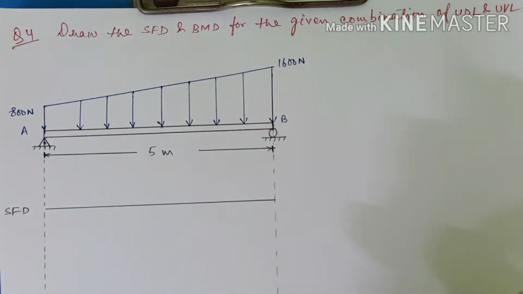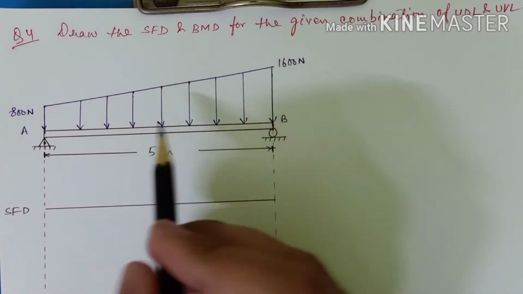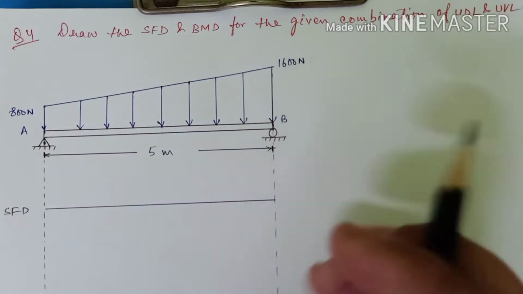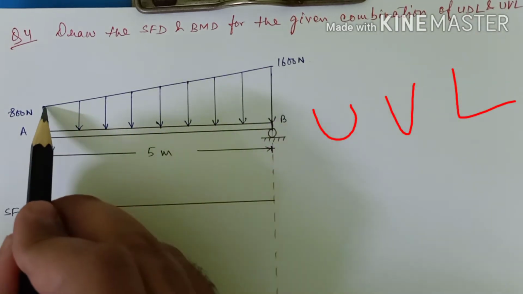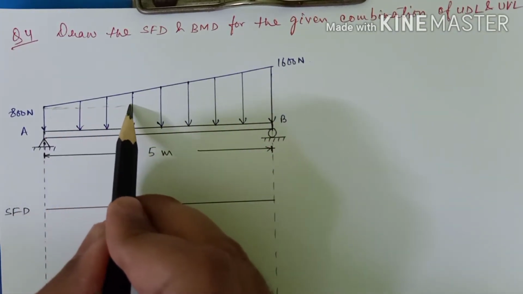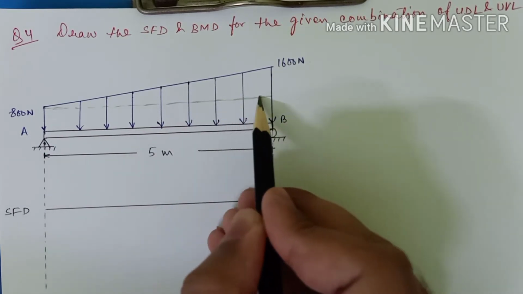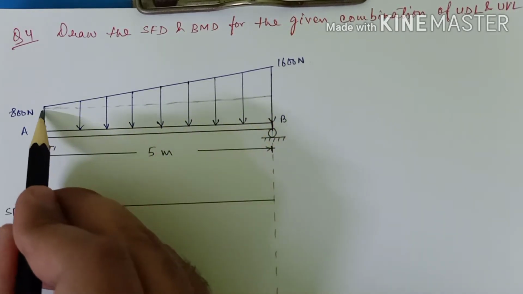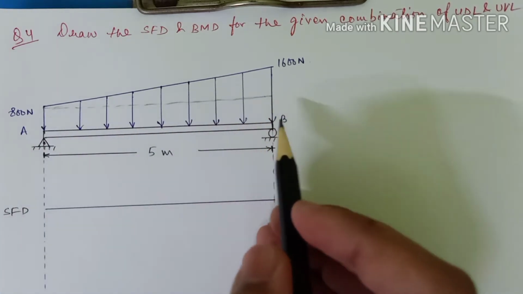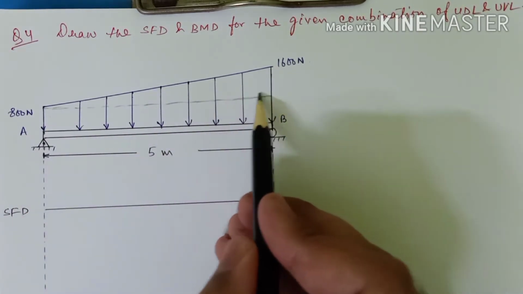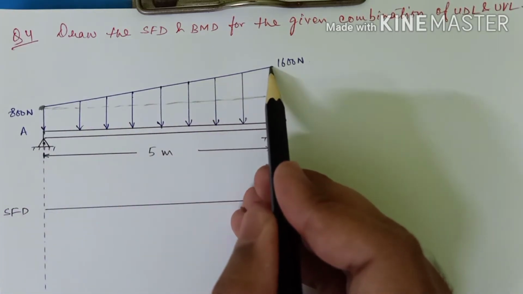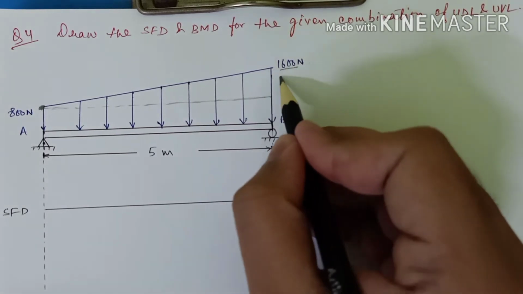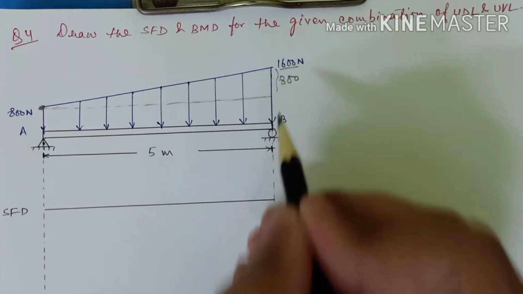For that, we will divide this load into two parts, one UDL and one UVL. If you draw a line parallel to this beam, this rectangular portion is my UDL and this portion is my UVL. You can see here in this UVL the value is gradually increasing from 0 to a value which is not 1600 but 800, because we have divided this.